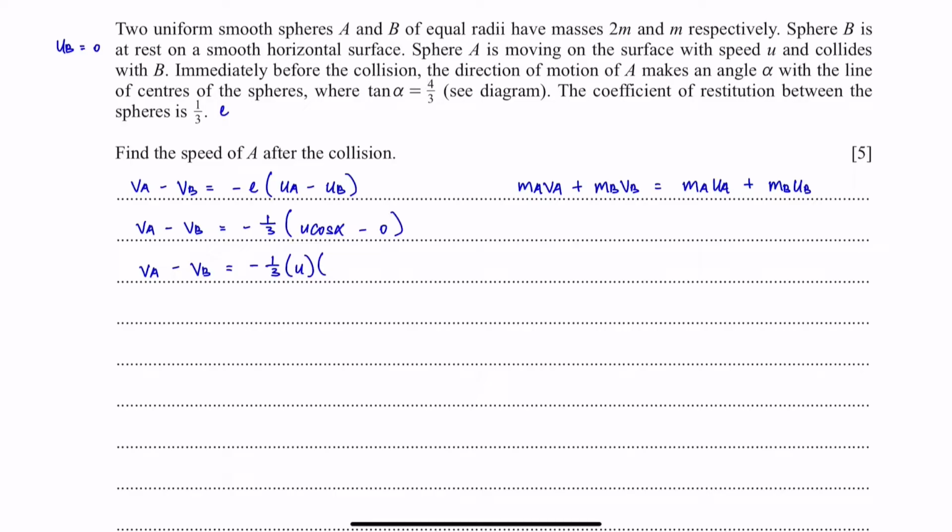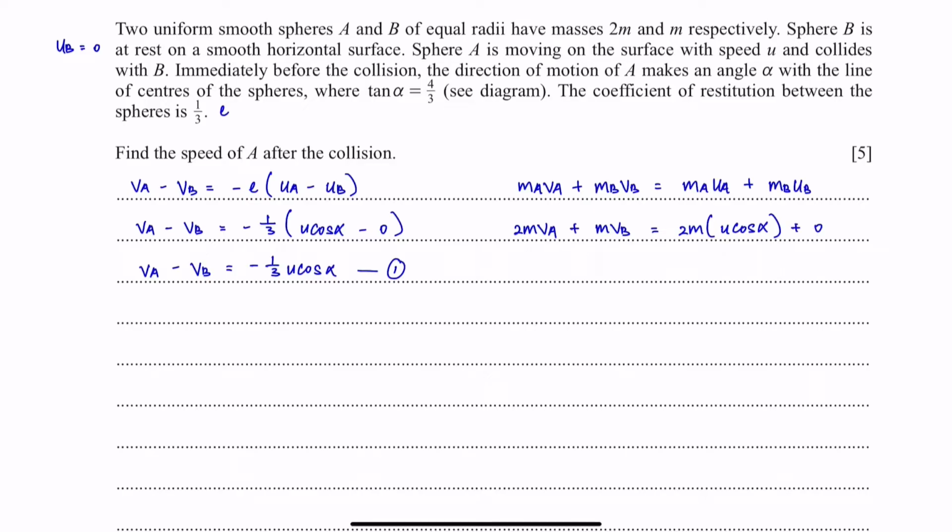Let's maintain this as u cos alpha. Now this will be our first equation. And let's look at this equation here. Mass of A is 2m, VA is still VA, plus mass of B is m, VB is still VB, equal to 2m times u cos alpha plus 0.